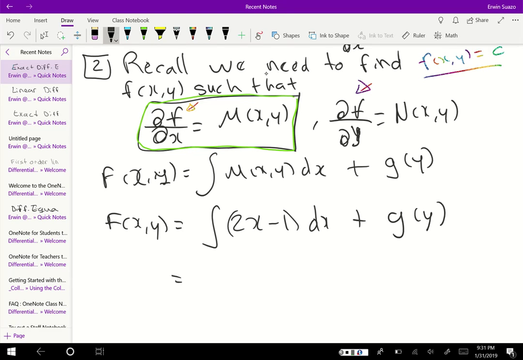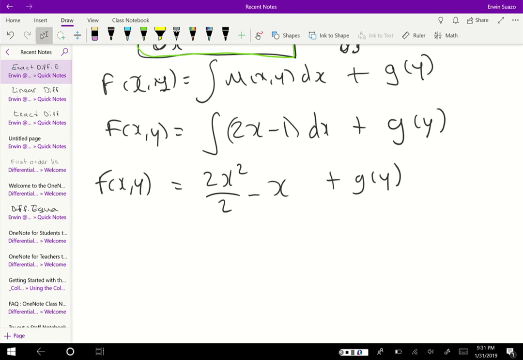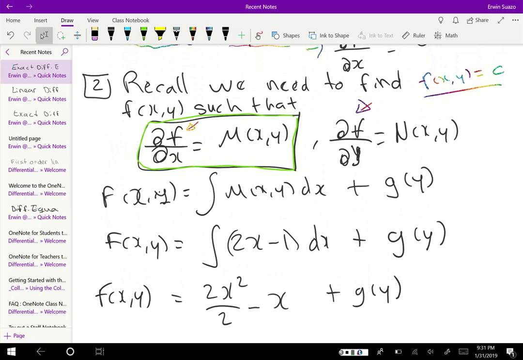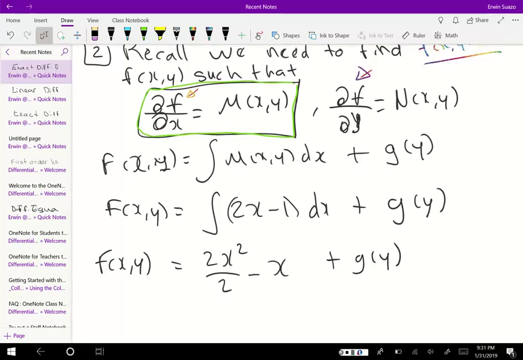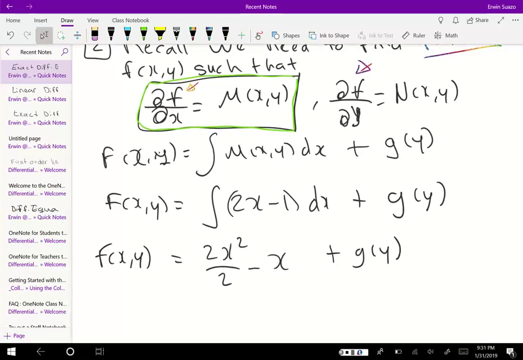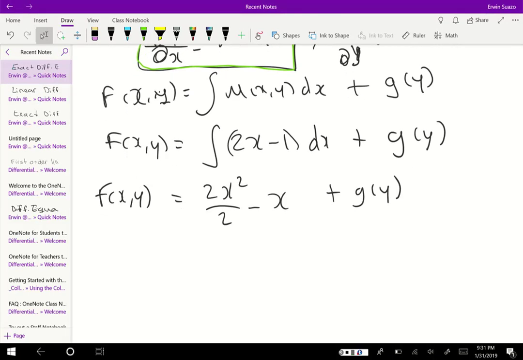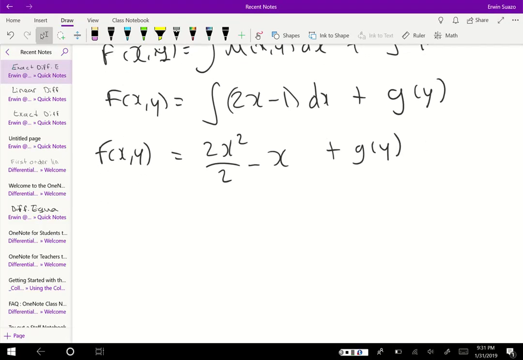So we have 2x squared divided by 2 minus x plus g of y. So that is my f of x,y. That is the end of part 2. So I have found a candidate for f of x,y.